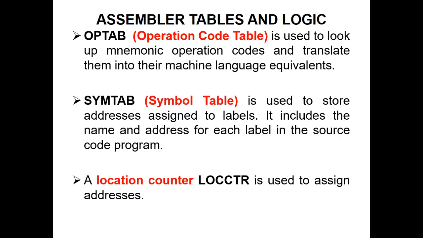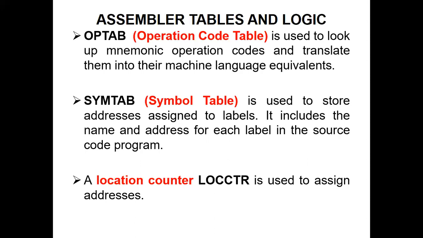To generate those addresses, we need to count, because we are given only one value, the starting value, which in our case was 1,000. That is the only value which is given. So we have a location counter, a counter which we go on incrementing wherever we move from one instruction to another.